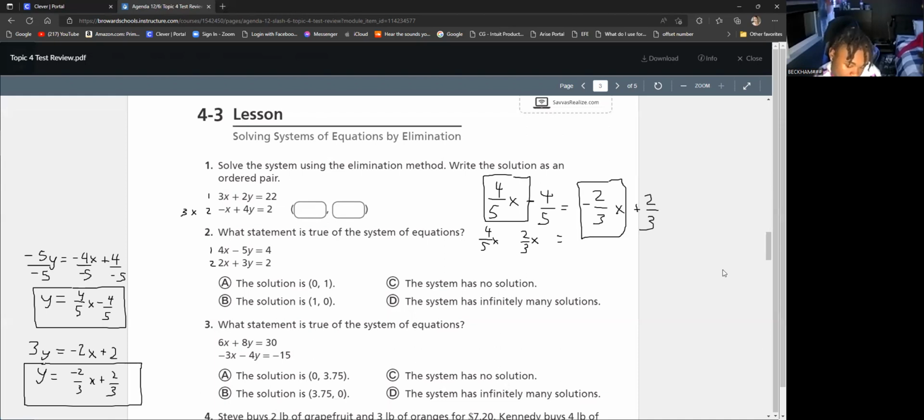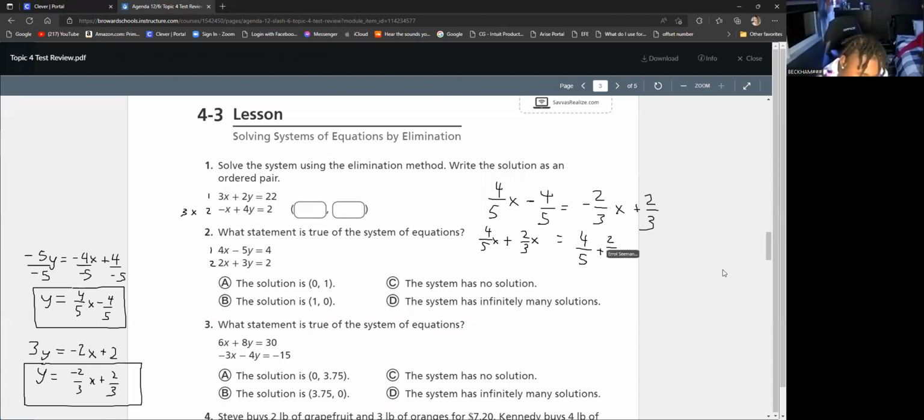Yep. What's on the right side? The negative 4/5. Is it going to be positive or negative? It's negative on the left side. When we take it to the right side, it's going to be positive. 4/5 plus 2/3.